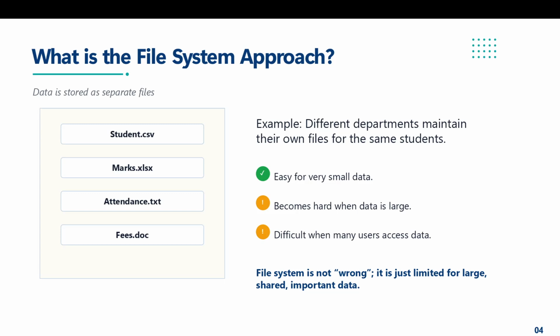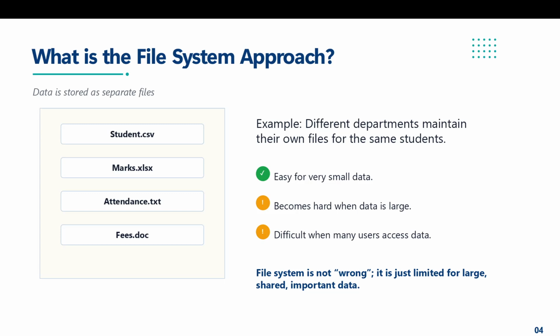So basically, each department or each office may maintain its own data, right? For very small data, that is not wrong. For example, if I'm storing my personal notes or a small list of names, a file is enough, right?